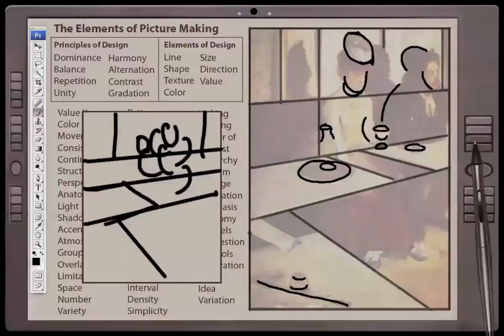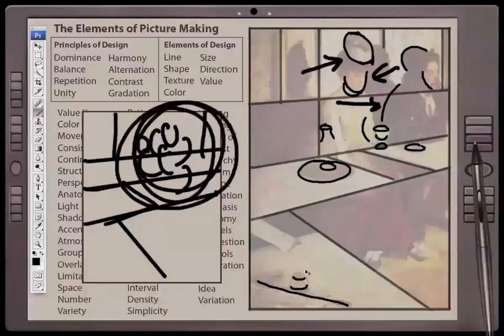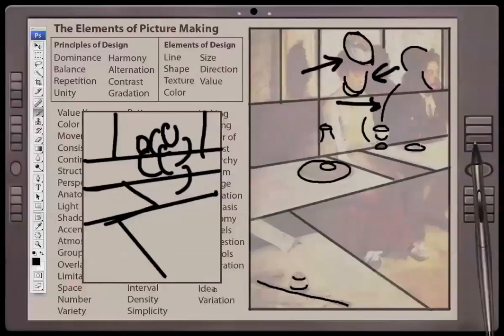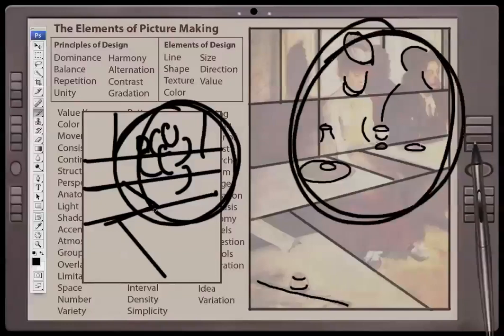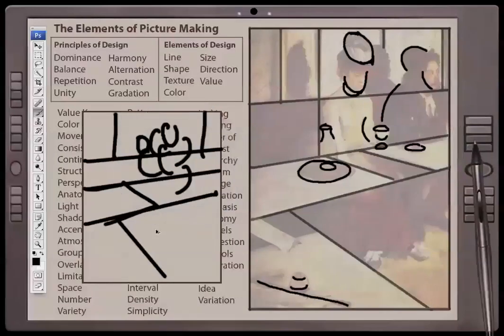The reason for it is to give relief to the angular and straight lines through the introduction of oval shapes and curves, and to draw the attention here, where the center of interest is, through contrast. The eye will go where the greatest amount of contrast occurs. So in terms of line, this is where the greatest amount of contrast occurs, right there. Curved lines against straight, and it attracts the attention.